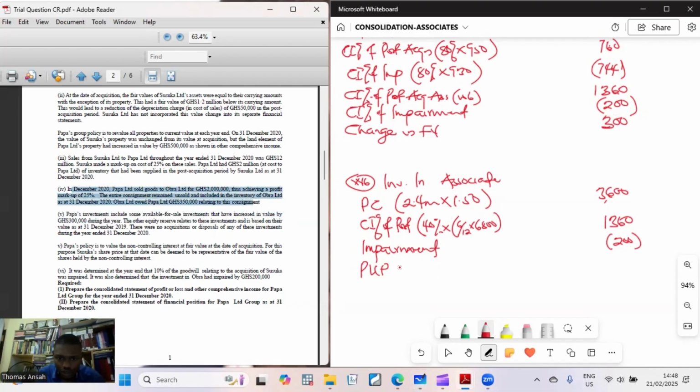All right. So here you will do 40% of the PAP because you own 40%. So CI share of PAP will be 40% multiplied by, in brackets, the PAP. The PAP is what? 25% of 125, right? So we have 25 of 125. Everything is still in stock, right? As per the question here, they've not sold anything.